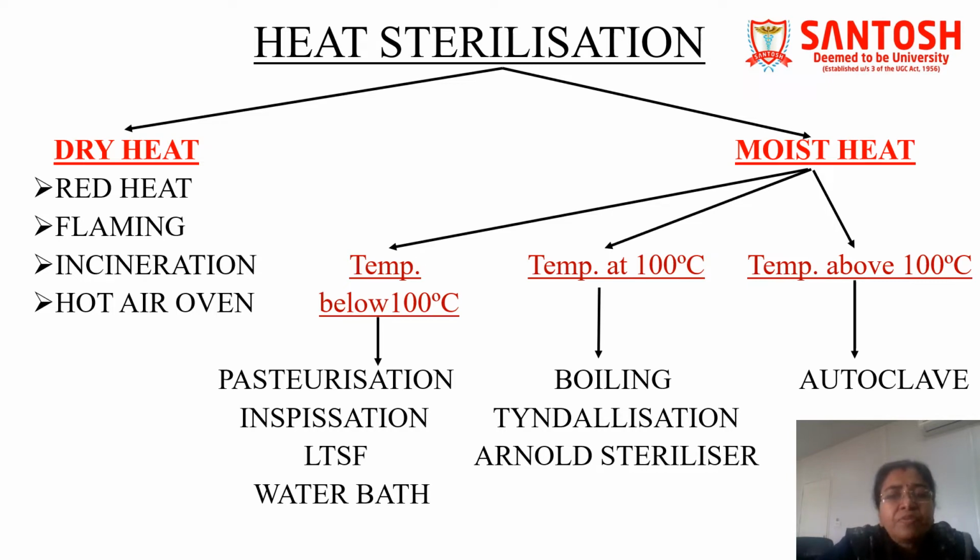For moist heat, it can be divided into three categories. We all know water boils at 100 degrees Celsius. So the categories are: one, if sterilization is happening at a temperature below 100 degrees Celsius, that is one category. The second category is temperature at 100, and the third category is temperature above 100 degrees Celsius. So temperature below 100 degrees Celsius includes pasteurization, inspissation, LTSF and water bath.